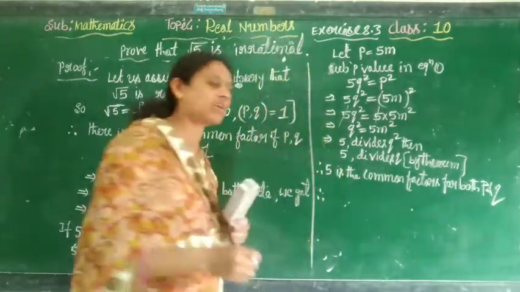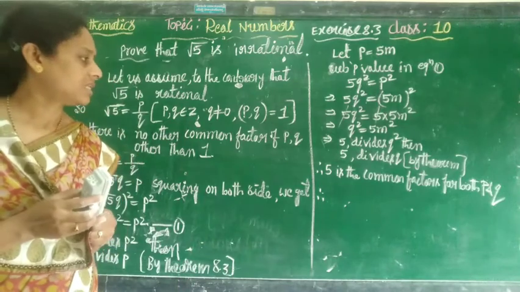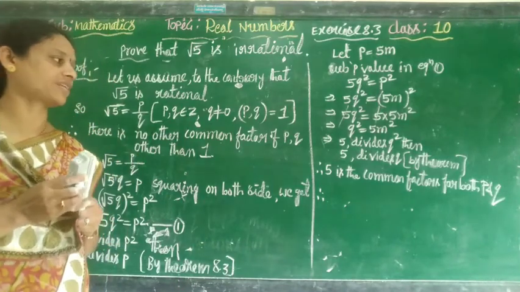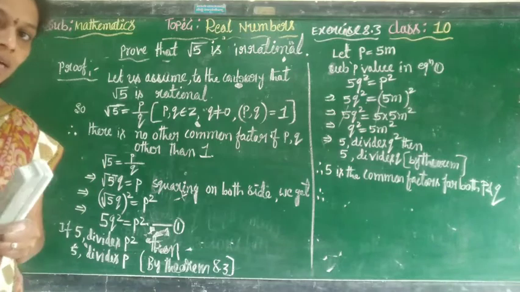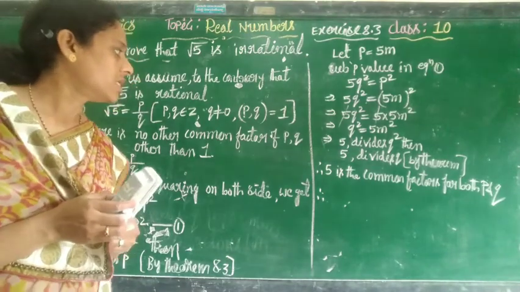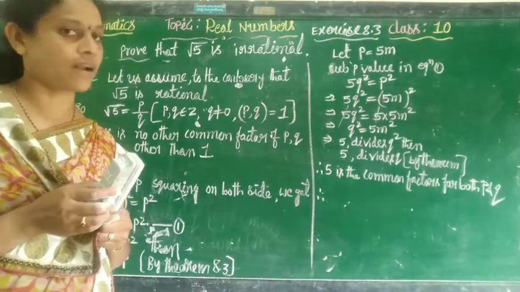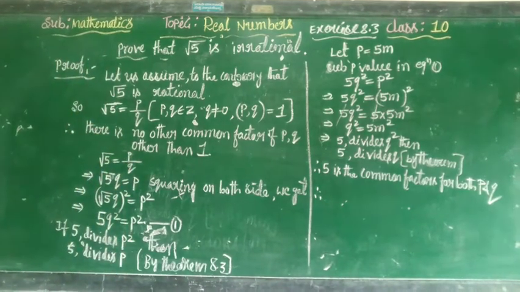So this contradicts that there is no common factors of p and q. Our assumption is wrong. Therefore, root 5 is an irrational number.